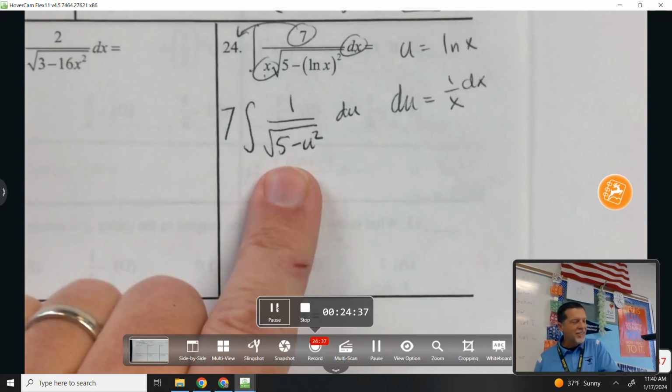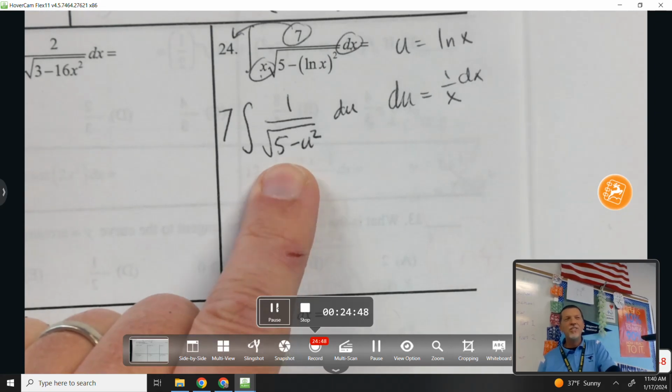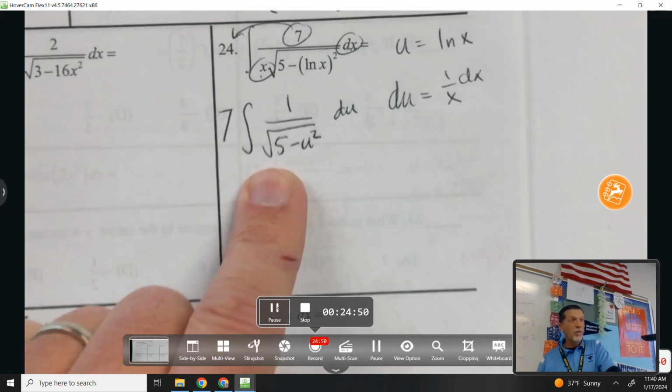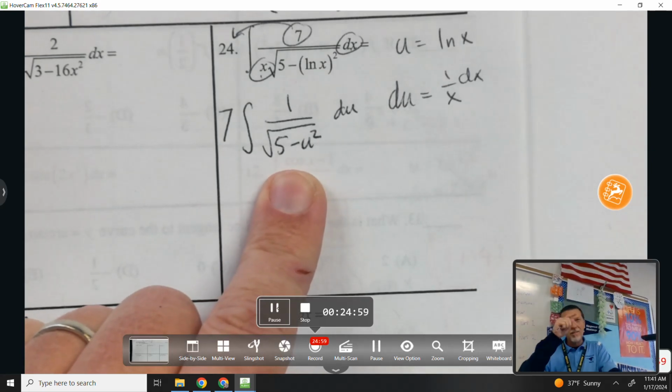Does that look like an antiderivative we're familiar with? That's sine. It's sine. How did you know it's sine? It's a square root. Had a square root. And it's minus the square. Yeah, it's minus the argument squared rather than the argument minus 1, or a squared.